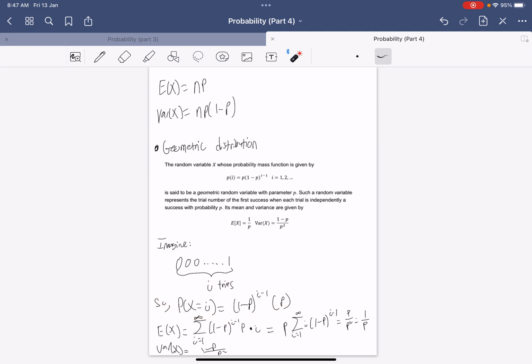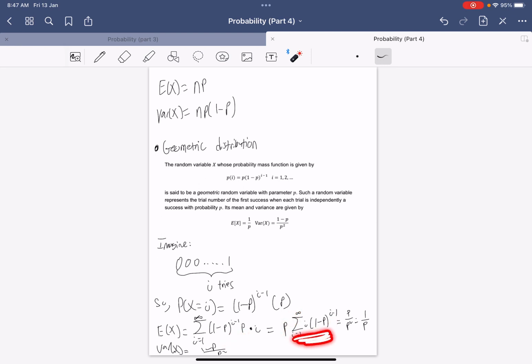And the reason why it's called geometric is the following result. When you want to calculate the expectation and you sum the following, you make use of the geometric series to help you find the expectation. When you sum this up, you can take out the p since it's a constant, so it's p times the sum of this whole thing.